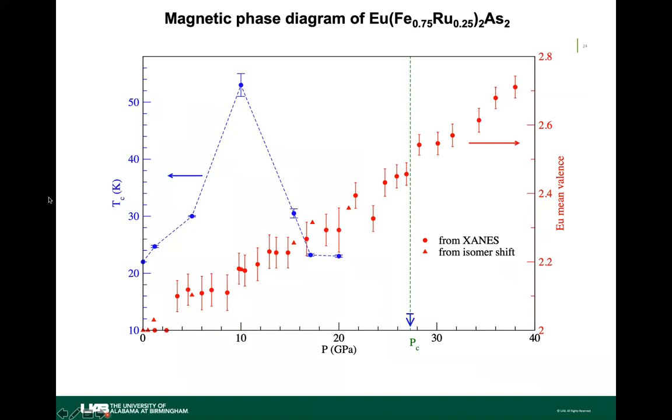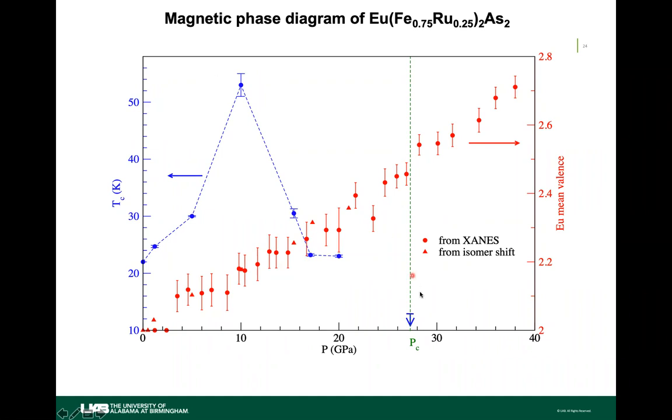Okay, if I plot the Curie temperature of the europium, that's shown in this blue symbol. And then I also have this valence estimated from the XANES data and isomer shift data. So that's in triangle.